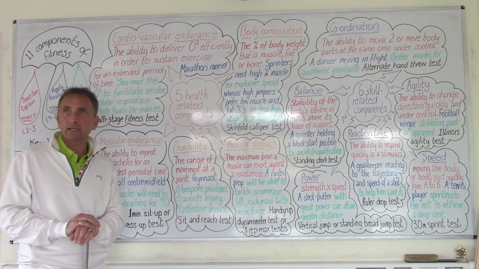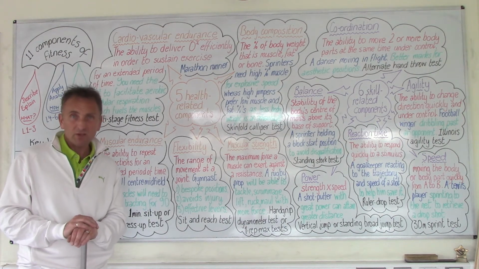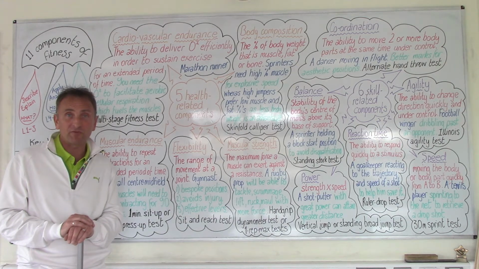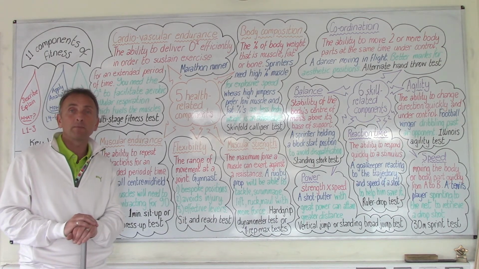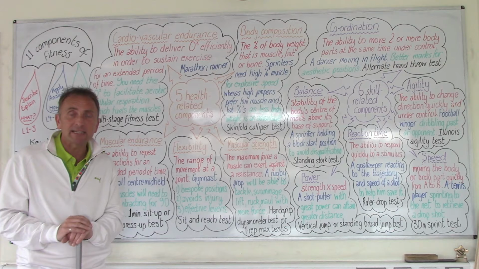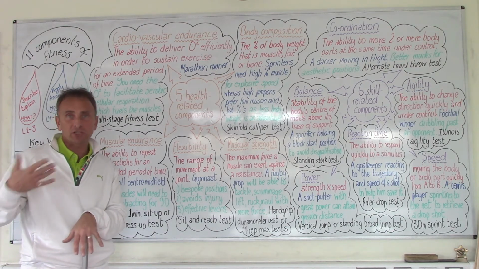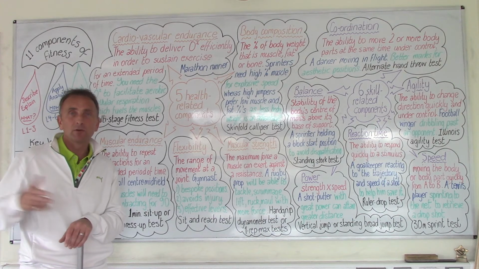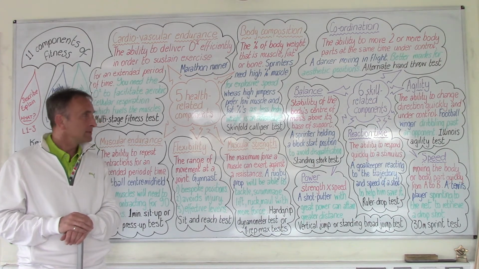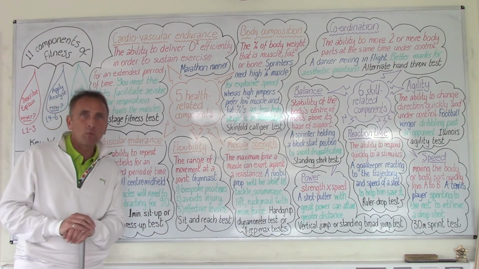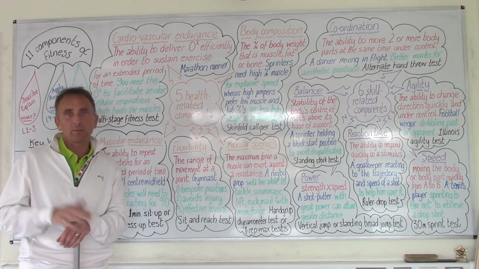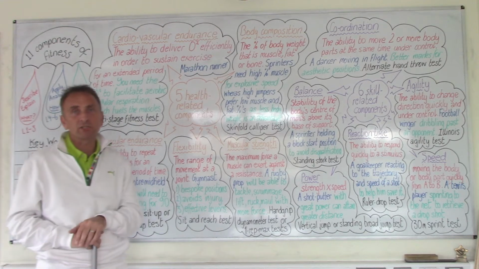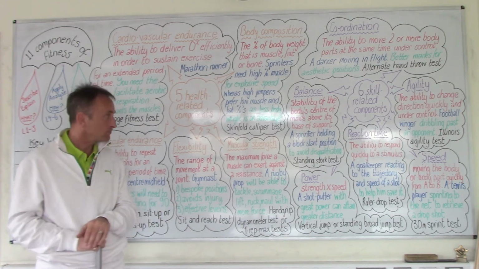Whereas someone like a high jumper actually doesn't want a high percentage muscle mass, certainly doesn't want a high percentage fat because muscle and fat weighs, and he needs to jump as high as he can. So he would actually, or she would actually have a high percentage of bone in relation to muscle and fat. So it depends what sport you play for what is the preferable percentage. A test to measure body composition is skin fold caliper tests.